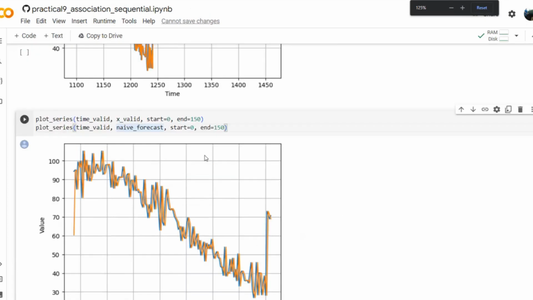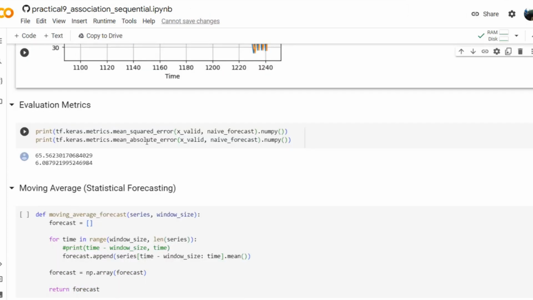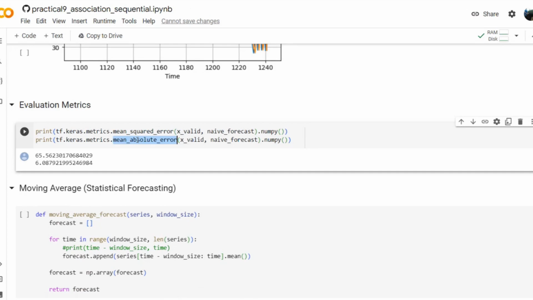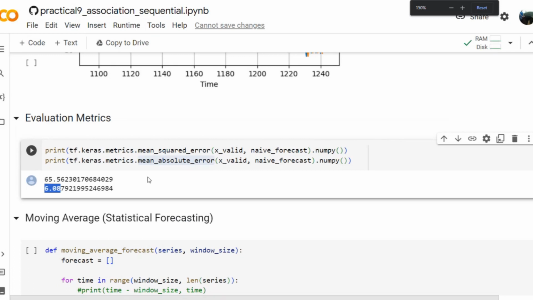Now, after we prepared the forecasted value, we can use mean square error or mean absolute error. So for example, let's look into mean absolute error. We see that we got 6.08, right? So now we can use this value as a threshold to evaluate our smarter models, the following models that we are going to use. This is the naive one, right?